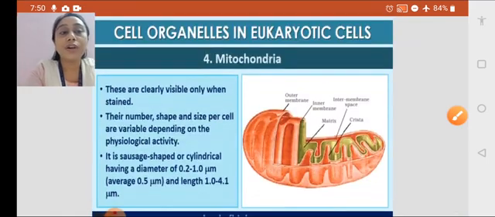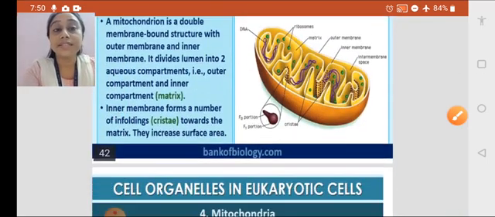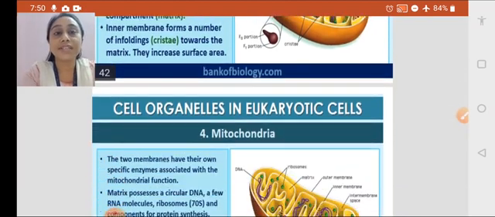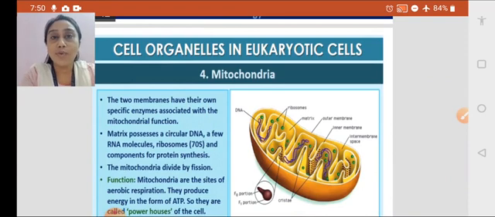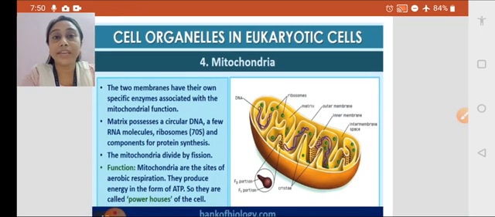The function of the crista is to increase the surface area. The more the surface area of the inner membrane, the more efficiently the mitochondria will be able to do the function.